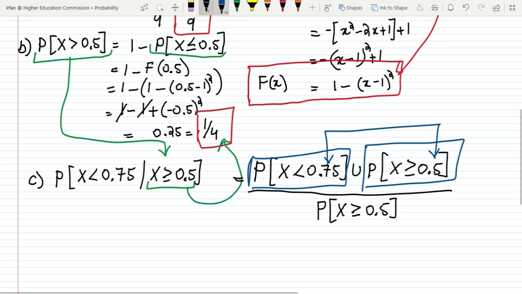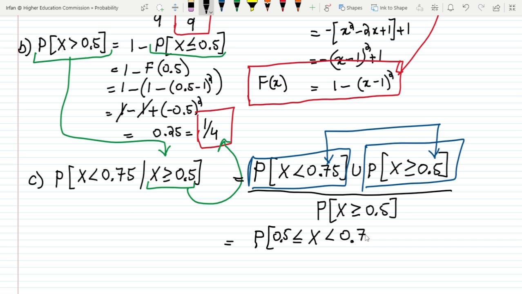So in combining them, I can write the probability that x is greater or equal to 0.5 and less than 0.75. That is basically the limits of this probability, dividing it over the probability that x is greater or equal to 0.5.